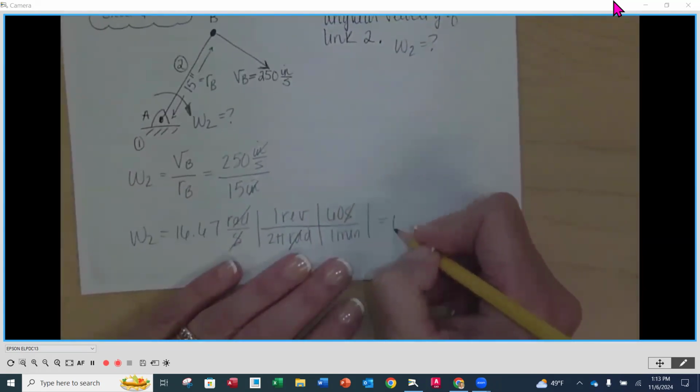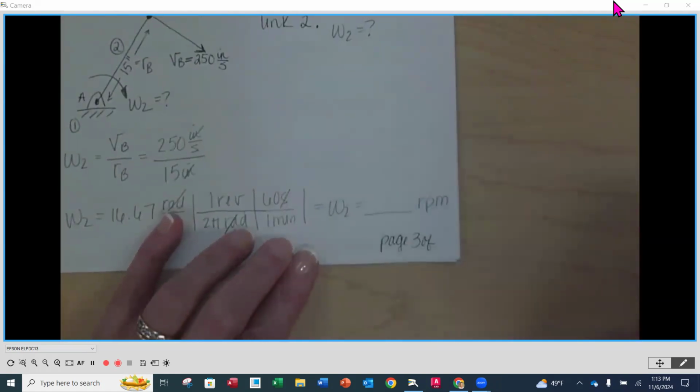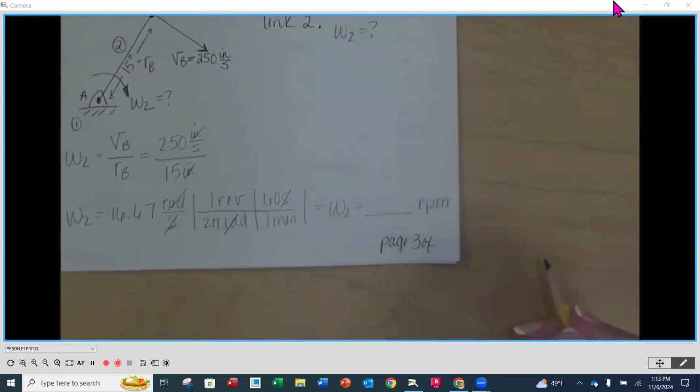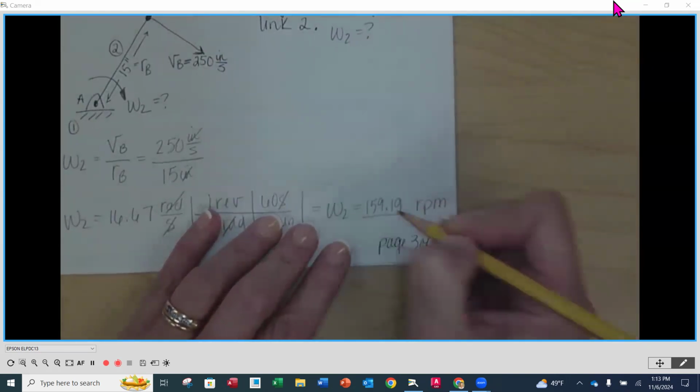What is my W2 final answer in RPMs? 159.19. Very close. 159.19. Anybody else get that?